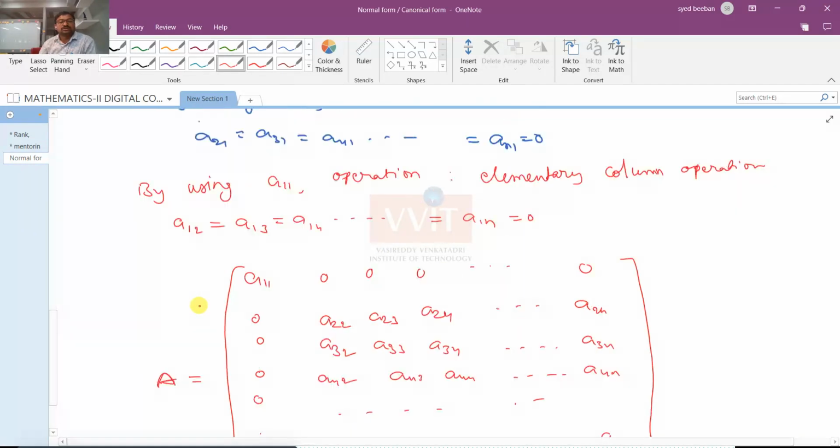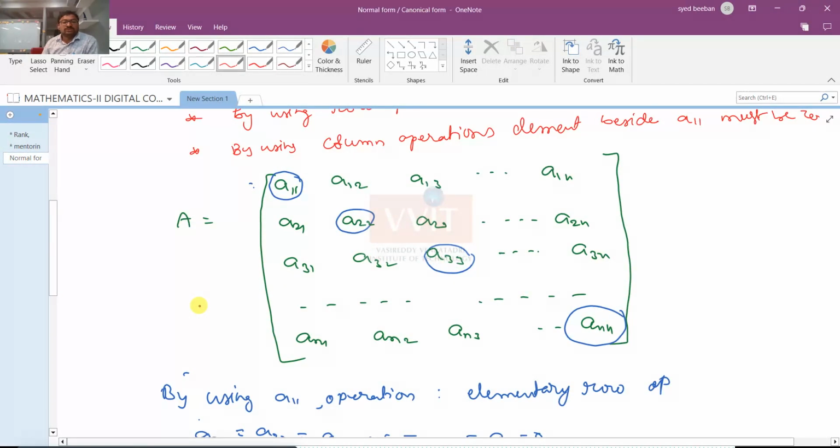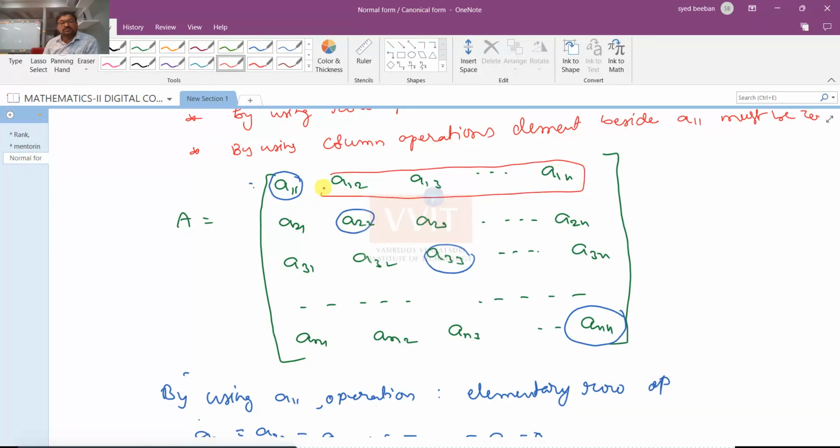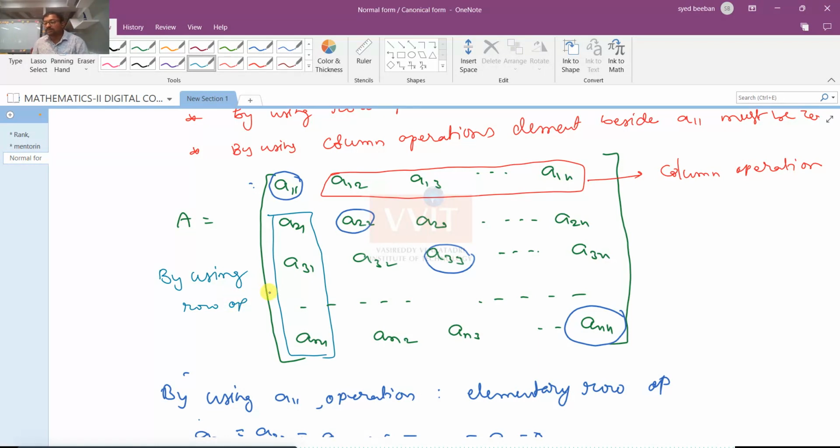By using A11 we made the elements in the first row 0 by using column operations, and the elements in the first column 0 by using row operations.